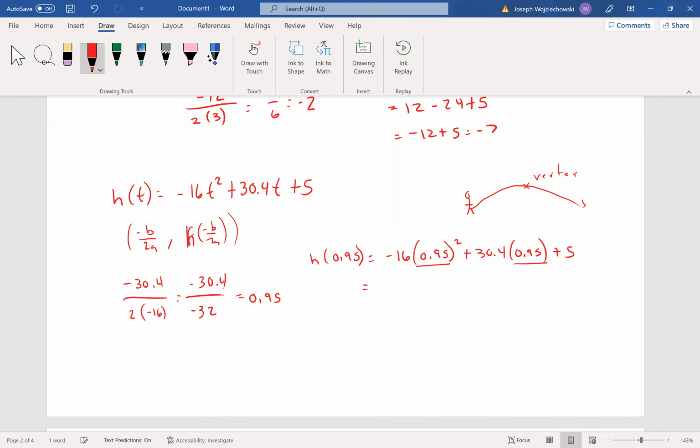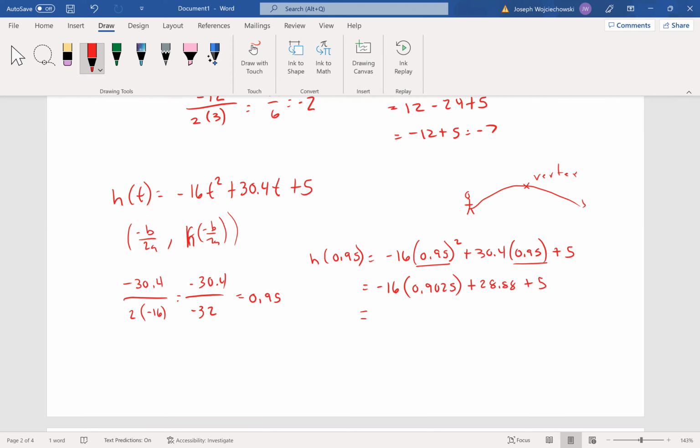Now let's look at this. Negative 16 times 0.95 squared. I get 0.9025 plus, and I have 30.4 times 0.95 gives me 28.88 plus 5.